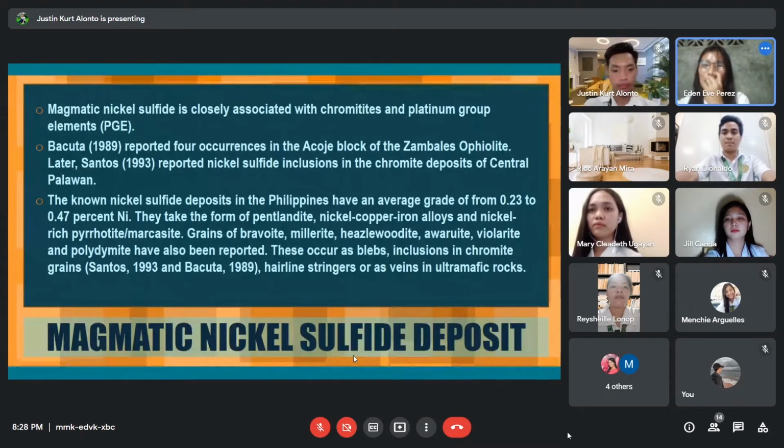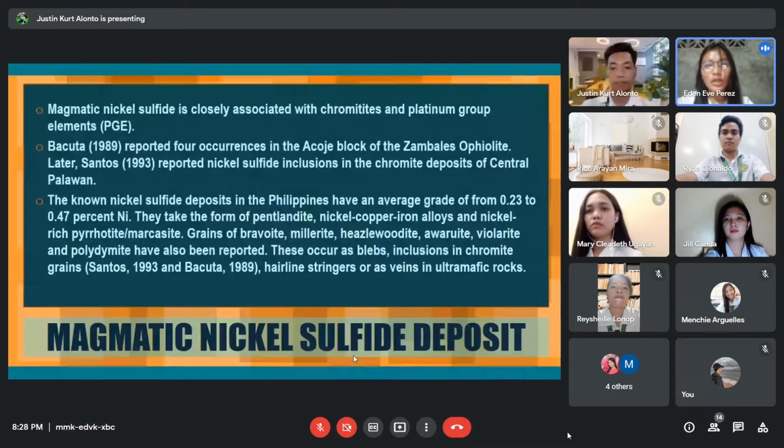And according to Santos in 1993, the Acoje nickel sulfide deposit best exemplifies the typical magmatic nickel sulfide, based on the source that I read, that it was formed as immiscibility of a crystallization of magma.